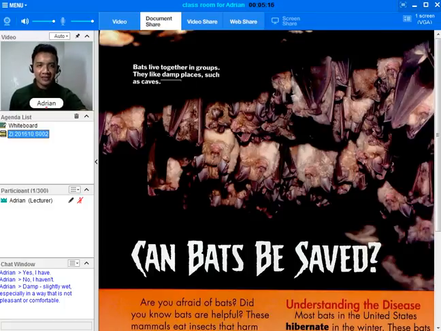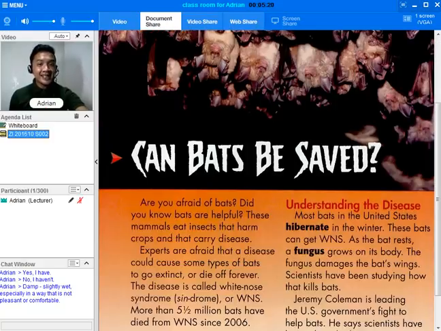What can you see here? Or can you read the title? Can bats be saved? Why do you think bats need to be saved? Okay, let's find out. Are you afraid of bats? Did you know that bats are helpful? These mammals eat insects that harm crops and that carry disease.